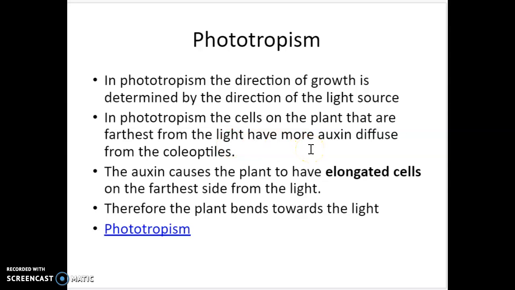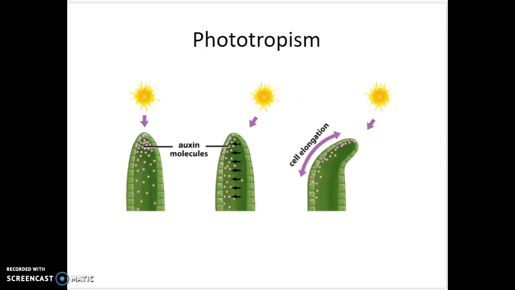In phototropism, it's all dependent on the direction of the light source. Plants that are furthest from the light have more auxin in their coleoptile, so they'll grow quicker, and it will make the cells elongate. We'll see that in a diagram in a second. So what you've got here is your auxin molecules, and the light's above it.